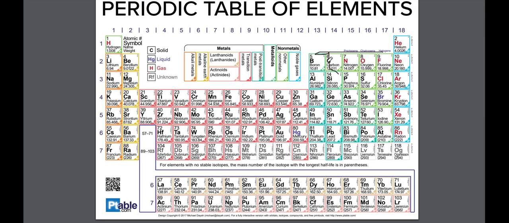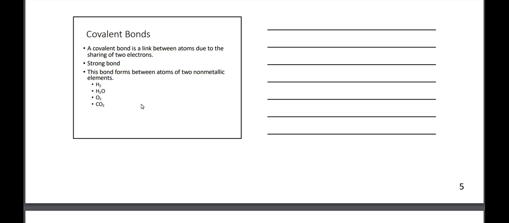Between the carbon, okay, let me clear this one out. Between the carbon, the nitrogen, the hydrogen, the phosphorus, the silicon, the bromine, and even the iodine. Okay, so those guys form the covalent bonds. So that's another feature of the covalent bond.